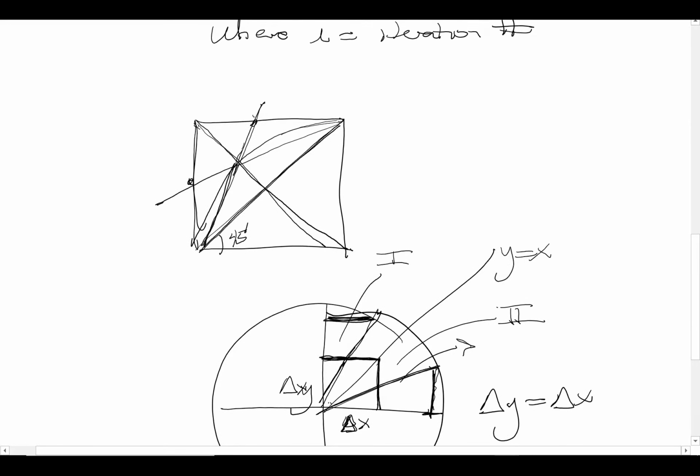So if we project this line and it hits the midpoint of this segment, for it to be symmetric on both sides, we have to have this distance equal to this distance. It has to be true because they have to be symmetric on both sides. If I shift this over a little bit, this has to be shifted down and this becomes greater. So they have to be equal.